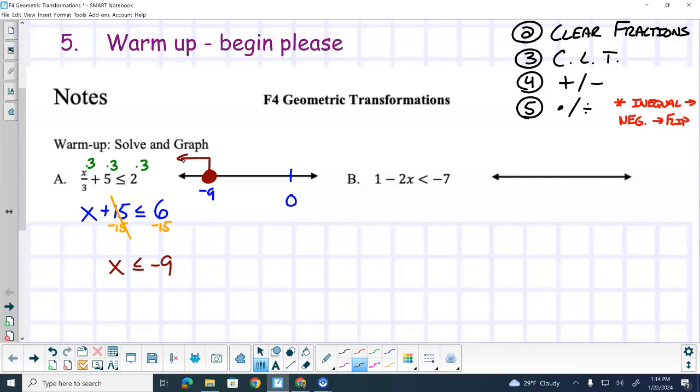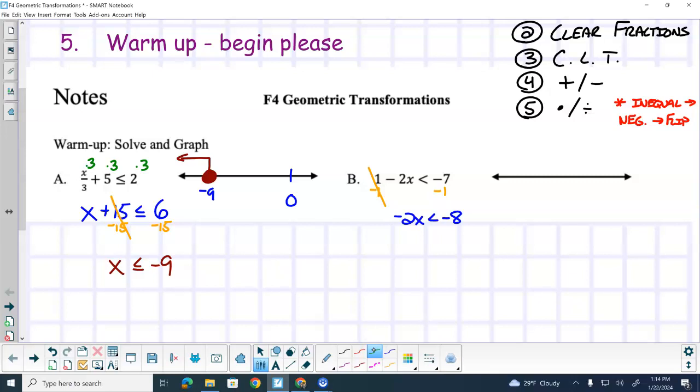Second one. Subtract 1 first, on both sides. That gives me negative 2x is less than negative 8. Then what? Reese, what would you do next?